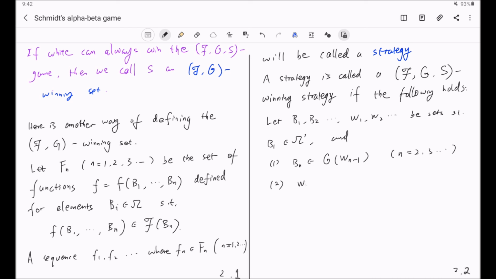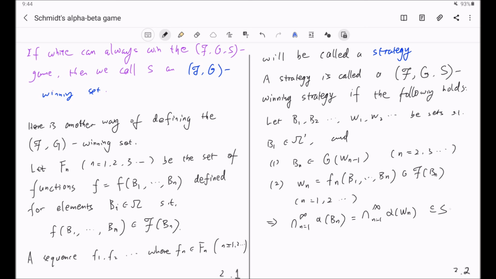And secondly, W sub n, which is determined by this n-step strategy, is in script F of B sub n, where n is from 1 to infinity. Then this implies that the intersection of the alpha of B_n's, which is the same as the intersection of the alpha of W_n's, is contained in S.